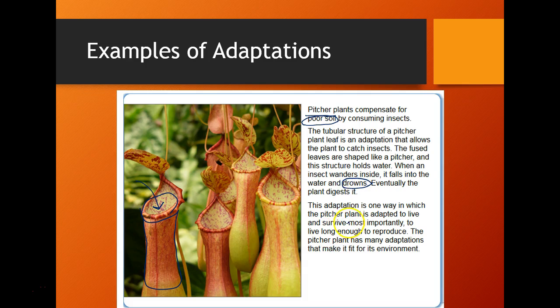Once that insect drowns, the plant will be able to digest it as food. That's the way that the pitcher plant, even though it lives in very poor soil, is still able to survive. And because it's able to survive, it's also able to reproduce, making this tubular shape part of its adaptation.